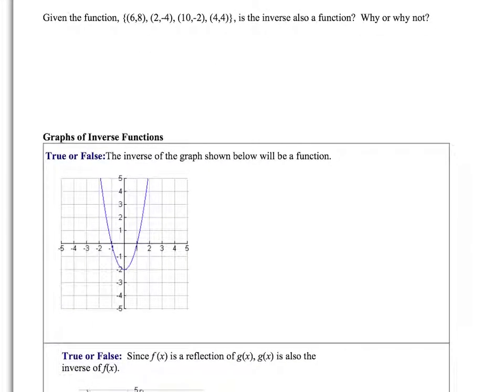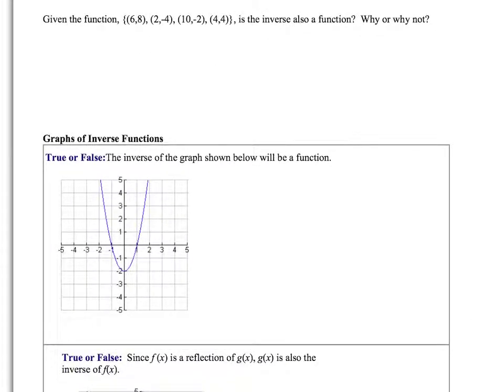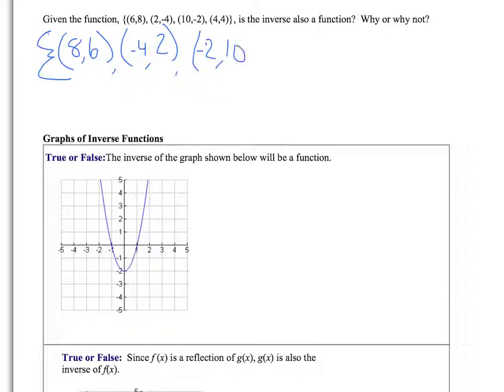Next one, it says, given the function, is the inverse also a function, yes or no? Well, to determine that, let's just see if it is an inverse. The way we do that is we try to find the inverse. To find the inverse, you flip your x and your y values. So 6, 8 becomes 8, 6. 2, negative 4 becomes negative 4, 2. 10, negative 2 becomes negative 2, 10.